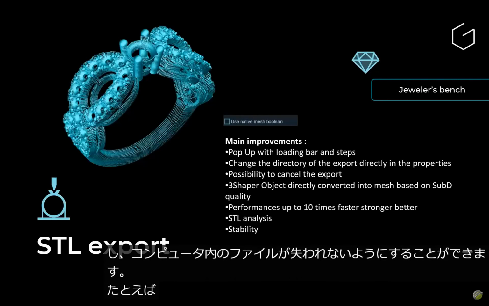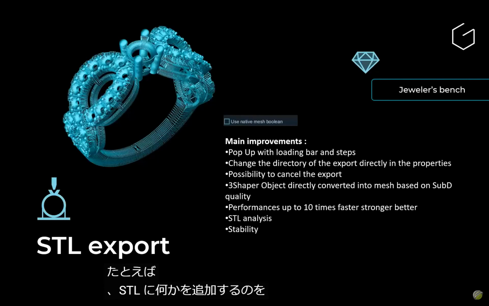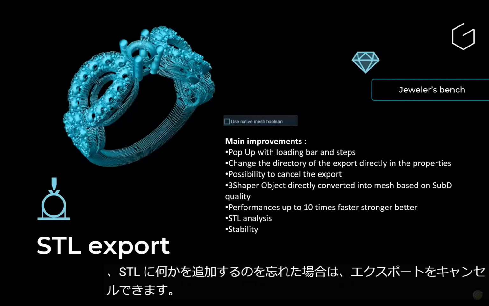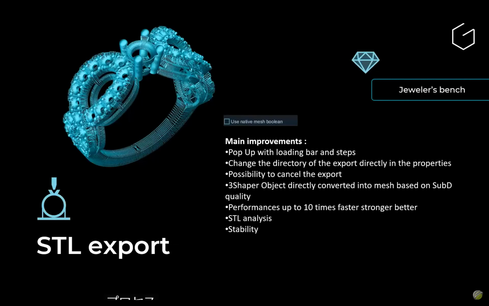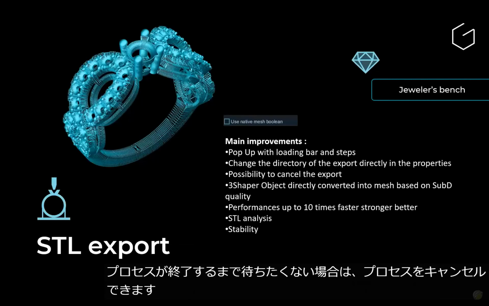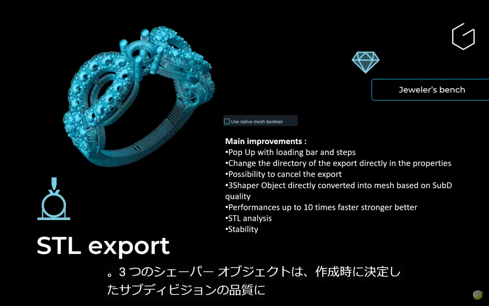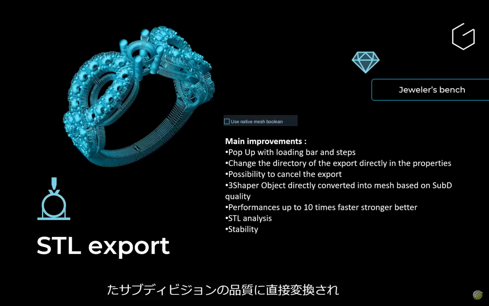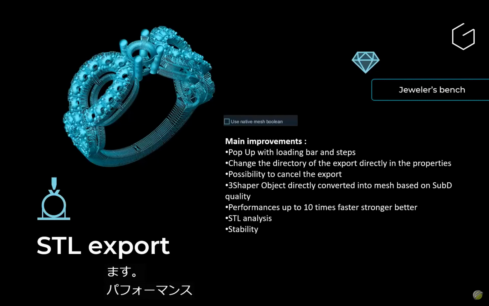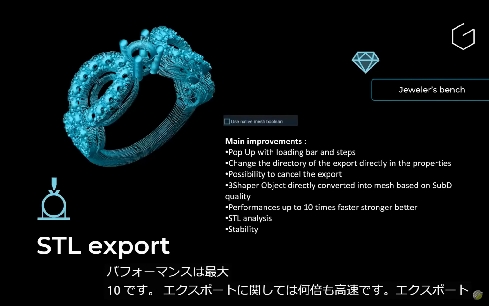You can cancel the export if, for example, you forgot to add something on the STL and you don't want to wait till the end of the process. The shaper objects are directly converted into the quality of the subdivision that you decided to have on the creation. The performances are up to 10 times faster regarding the export.